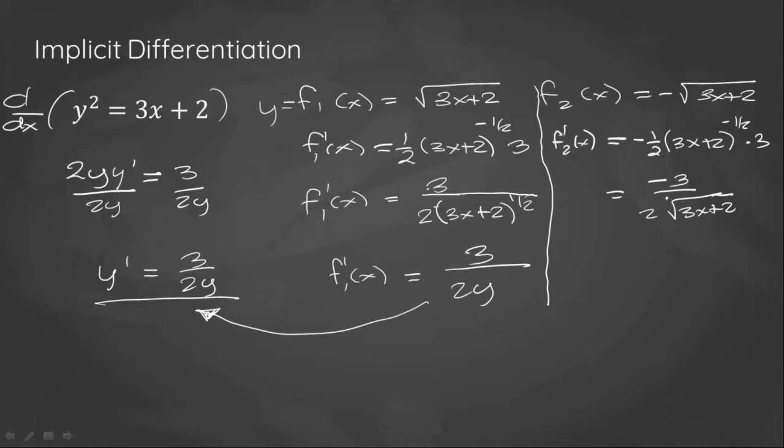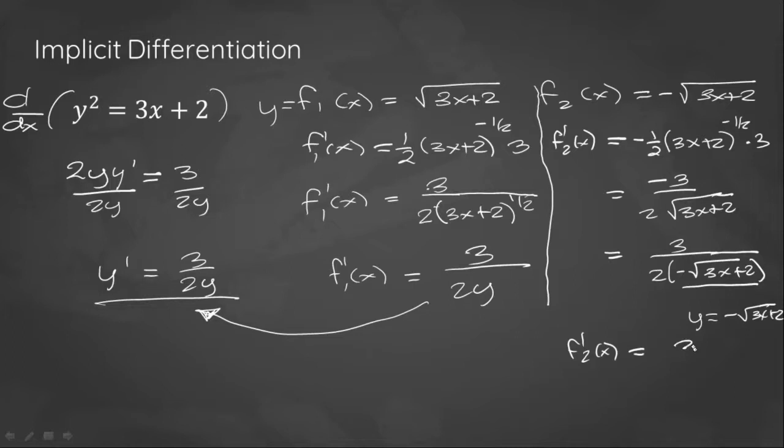We can also rewrite this as 3 over 2 times the negative square root of 3x plus 2. This is equal to the previous function. So notice that the negative square root of 3x plus 2 is our y, since y is equal to the negative root. So we have f prime of 2x is equal to 3 over 2y. Hence, we also arrive at the same result.